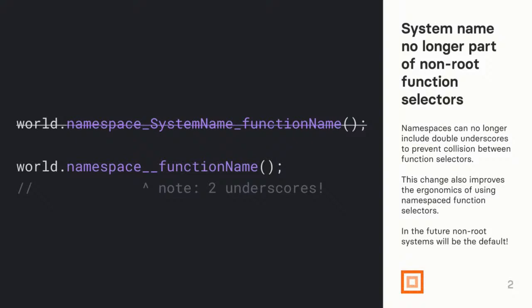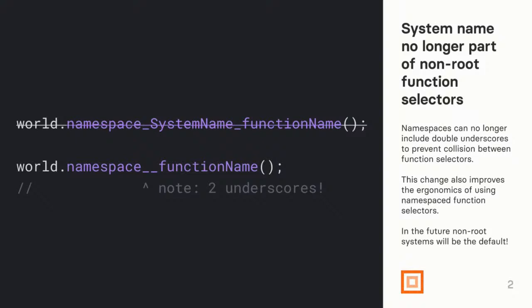Now you might be thinking, I never had to prefix my function selectors, and that is because there is an exception for root systems, which are those systems that only the owner of the root namespace, so usually the creator of the world, can register. And currently the default in MUD is to use the root namespace, but we want to change that going forward.